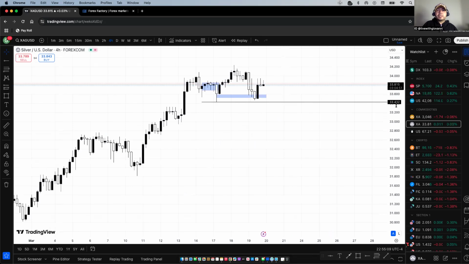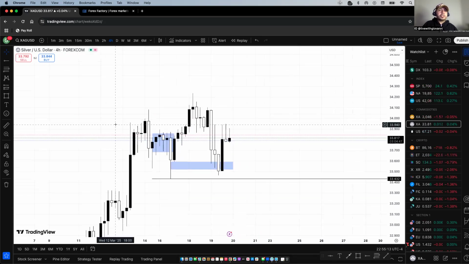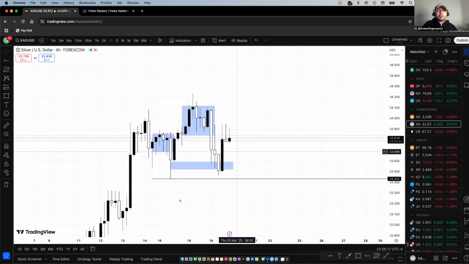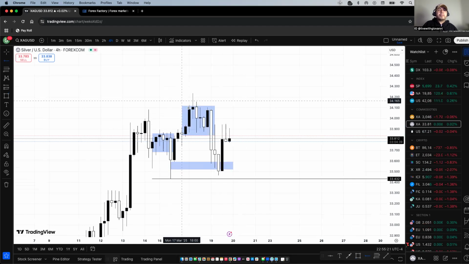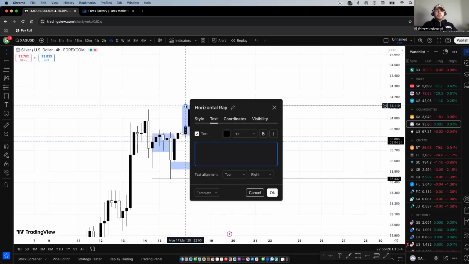If this market did continue to go bullish, I would want to see a closure above. If we see this closure above, I can start seeing buy potentials. So, closure above for buy opportunity.